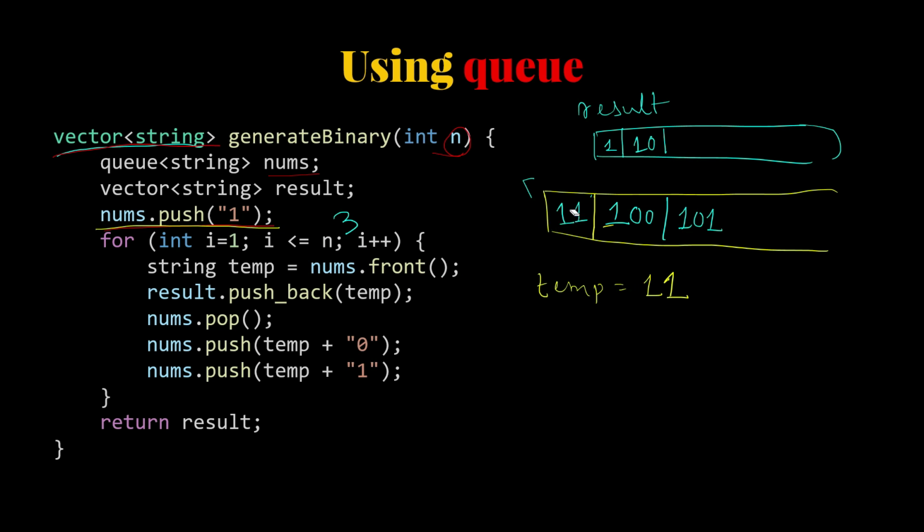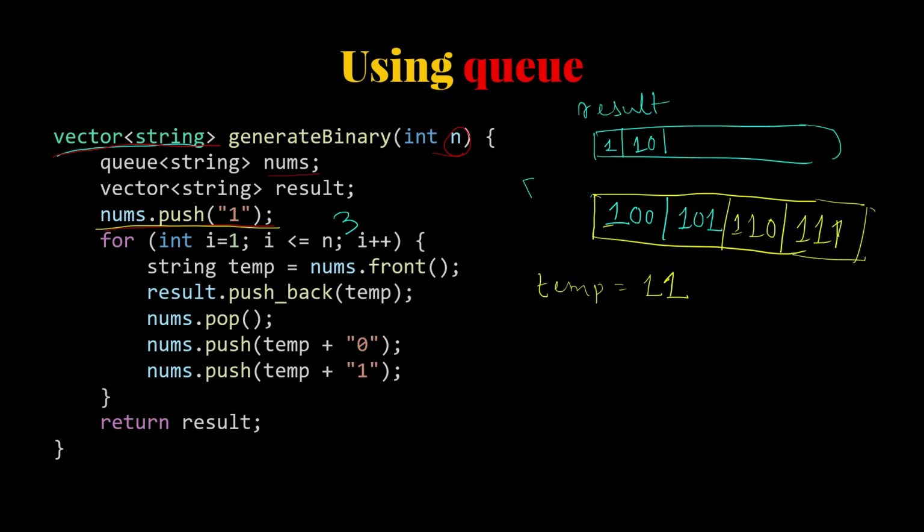We pop the queue, so the queue will now look like this, and we add 110 and 111 into the queue. We keep doing this until n numbers have been pushed into the result. In this way we will be able to print all the numbers from 1 to n.